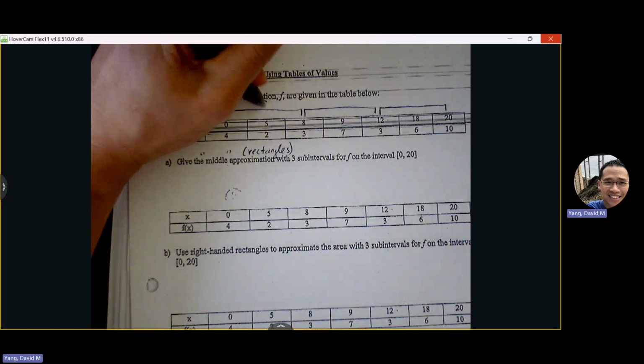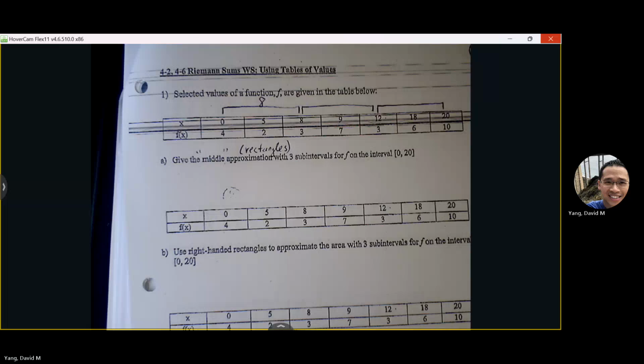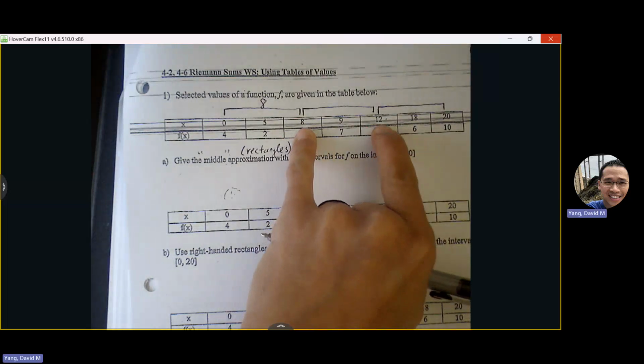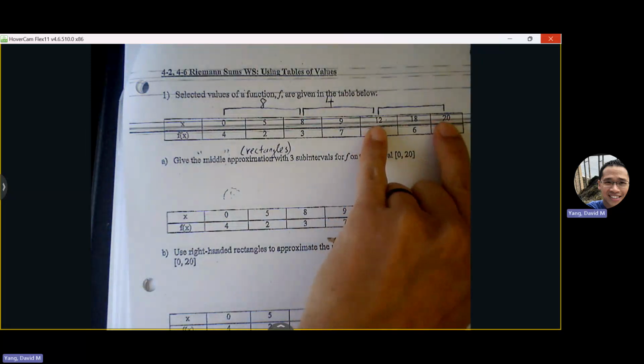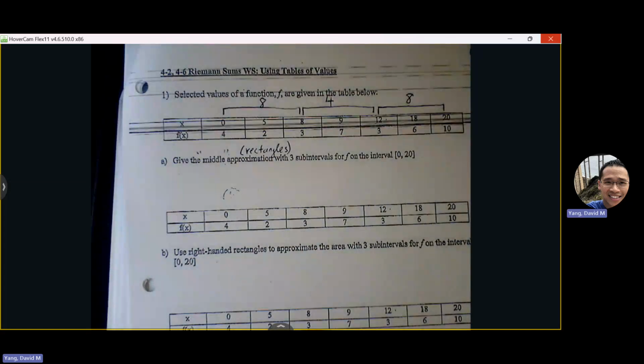So that's the width of my first rectangle. Okay. What's 12 minus 8? 4. That's the width of my second rectangle. What's 20 minus 12? 8. That's the width of my third rectangle. So that's how I pull the width information for each of my rectangles from subtracting the terms from the first row.